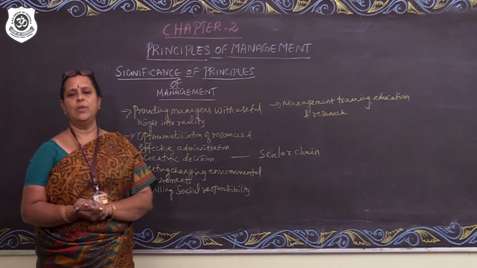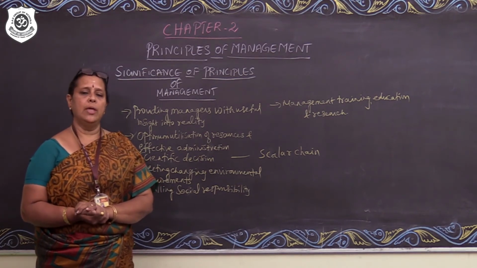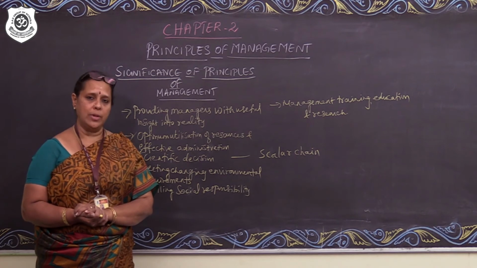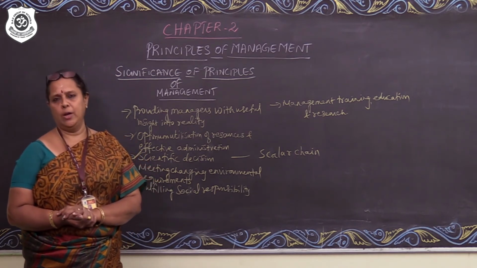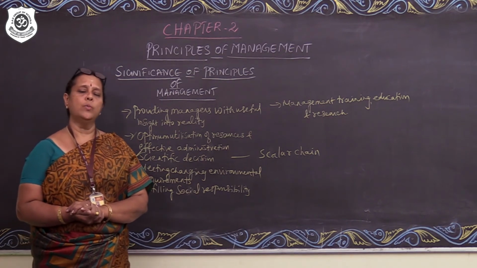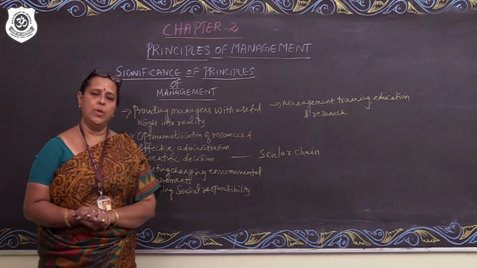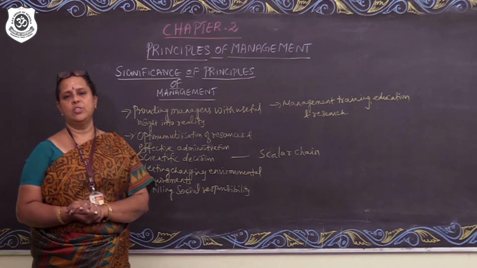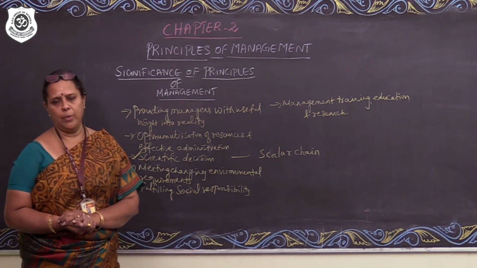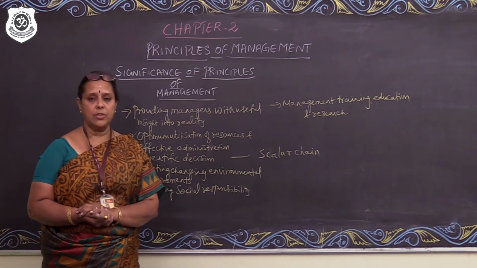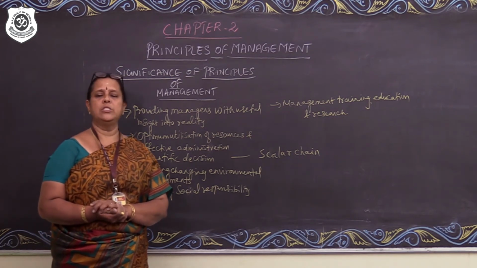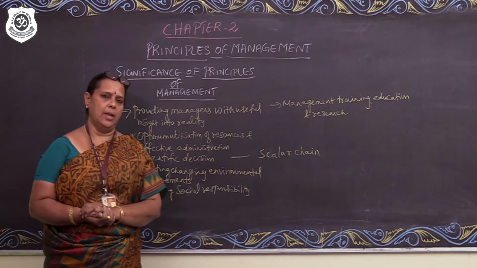So, the manager will be able to know that if there is no proper channel of communication, the chain of command is likely to be distorted. There is a greater scope for rumors and gossip among the employees if the communication channel is not proper. So, he will be able to define the communication channel effectively if he understands the principles of management.